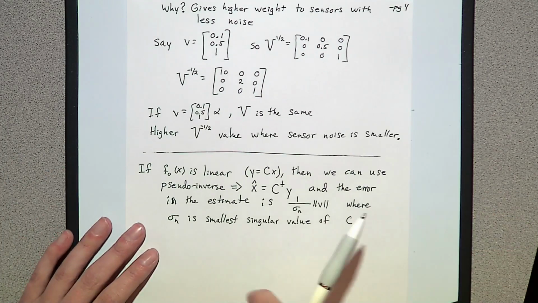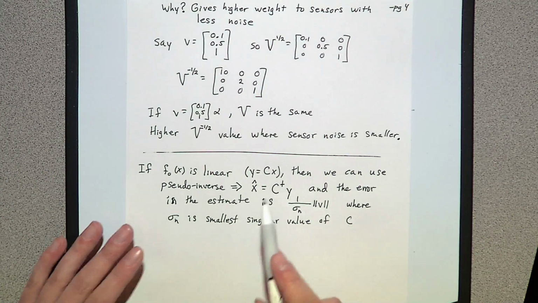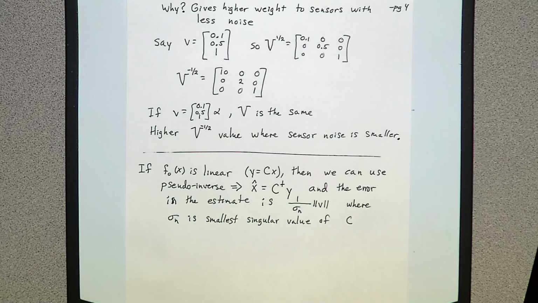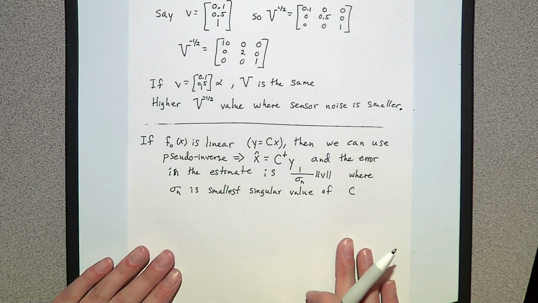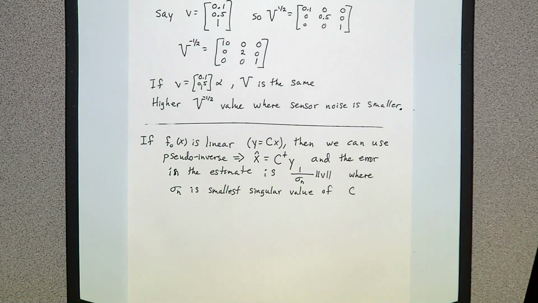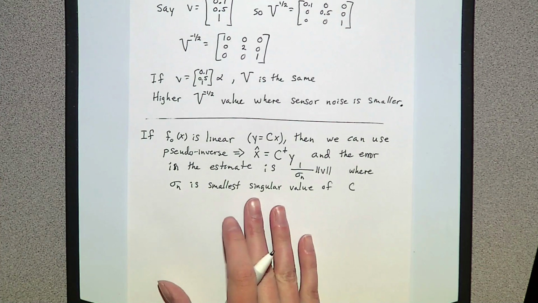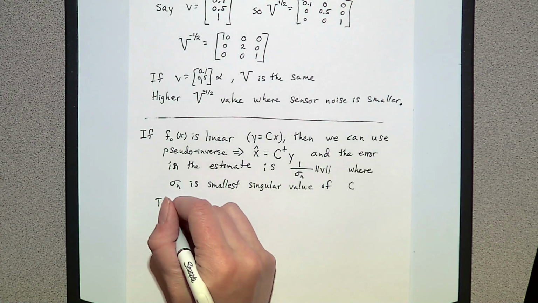So it kind of comes from the fact that the singular values of the inverse are just the inverse of the singular values of this matrix. And looking at the norm of each side, you can come to this conclusion. And so what this tells us is a couple of things.